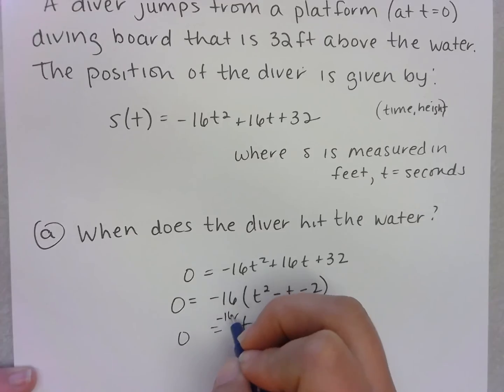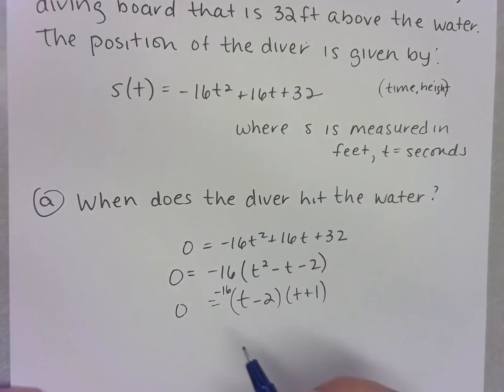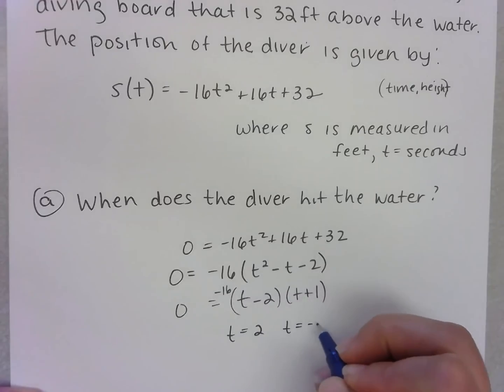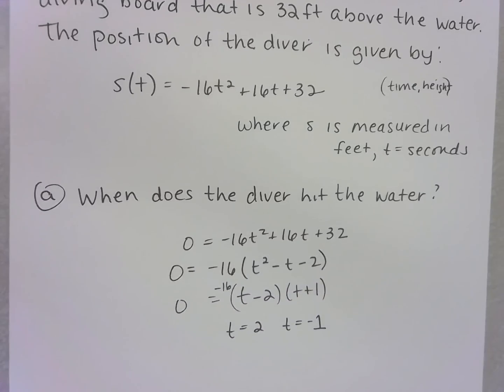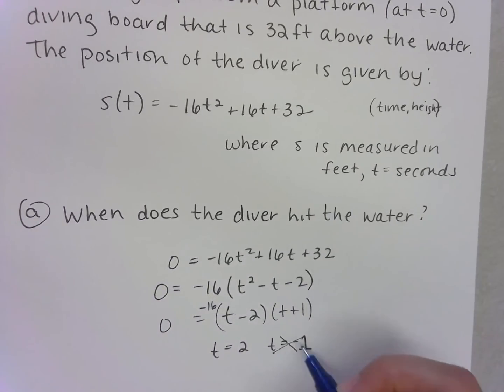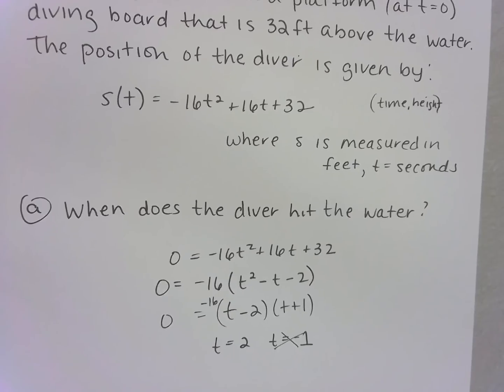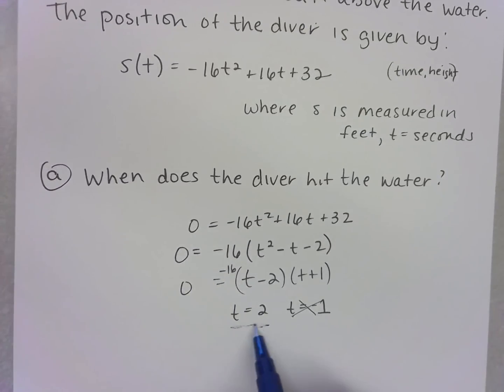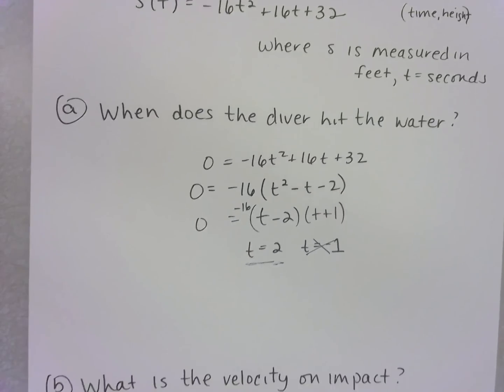I do have the negative 16 still sitting up here, but when I set these equal to 0, negative 16 can't be equal to 0, so I could just divide it away. This gives me t is 2 and t is negative 1. Since we started at t is 0, t as negative 1 doesn't make sense in the context of our problem. So he's going to hit the water 2 seconds after he leaves the platform. He's going to hit the water quite quickly.